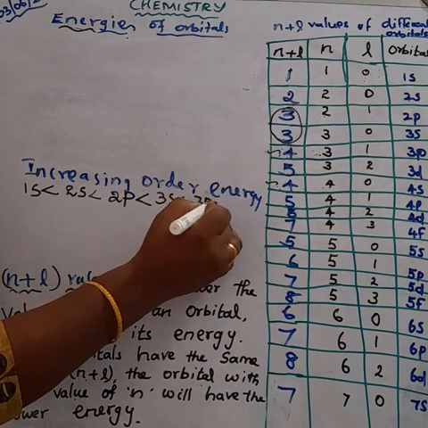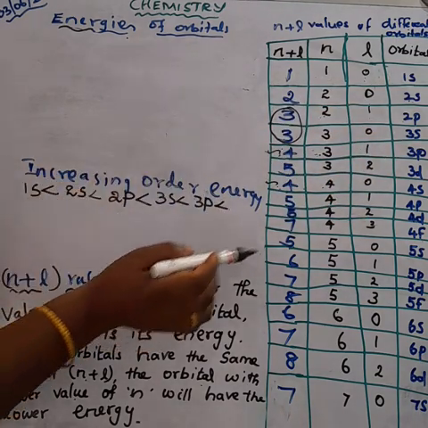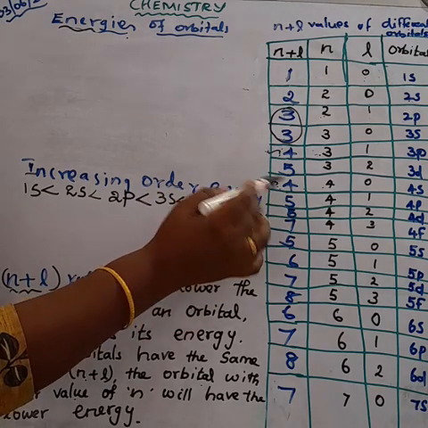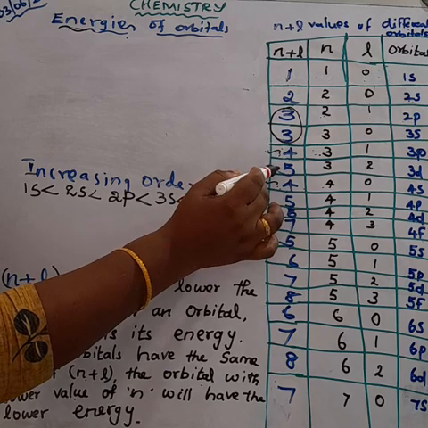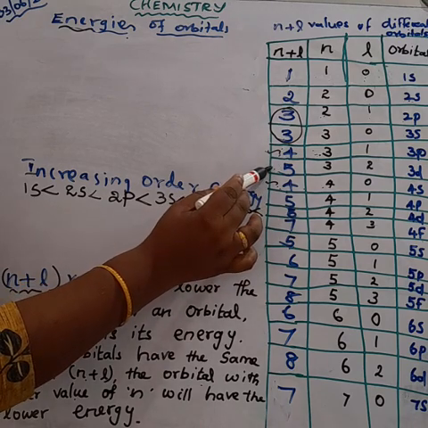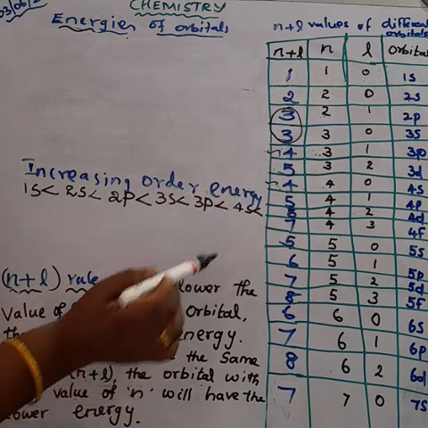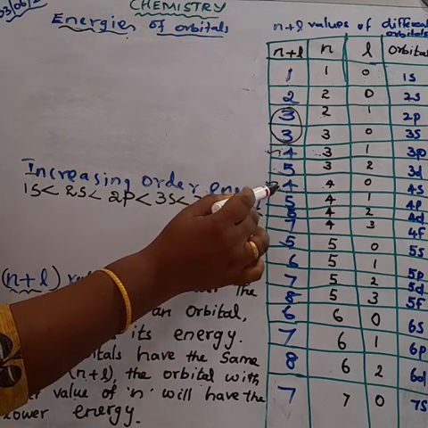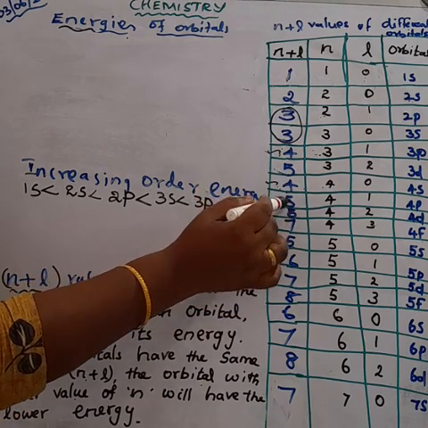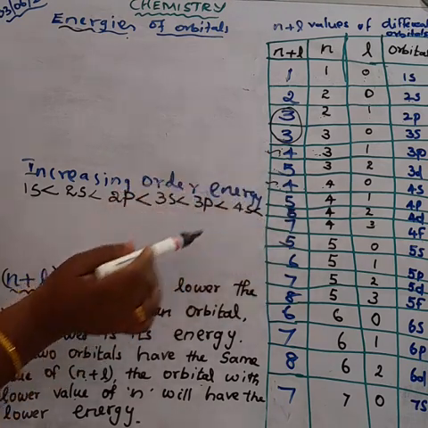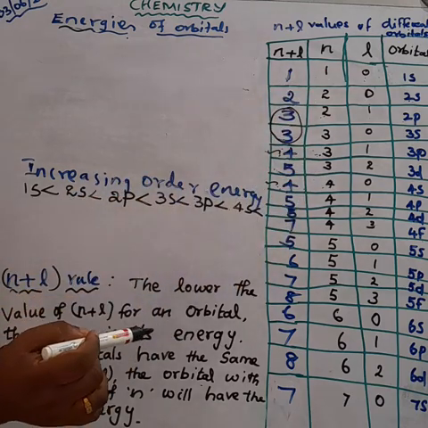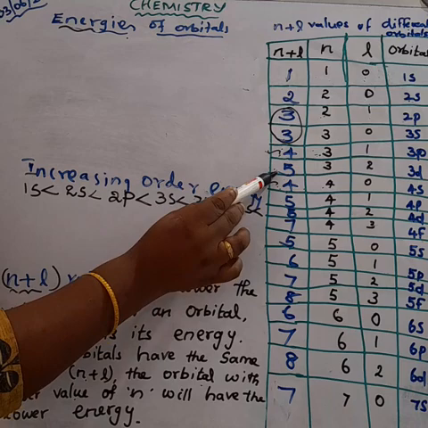Okay, this is less than, after that 4s, and less than, and after that, which one is the lower n value? After that 4, 5 is the next n plus l value. Here 5 value, how many 5 values are there? 1, 2, 3. Three 5 values are there. So we take whichever has the smaller n value. Okay, here for this 5, 3 is the lower n value.